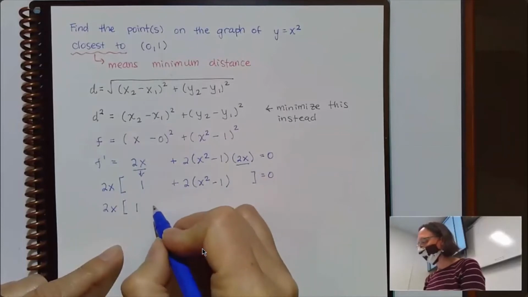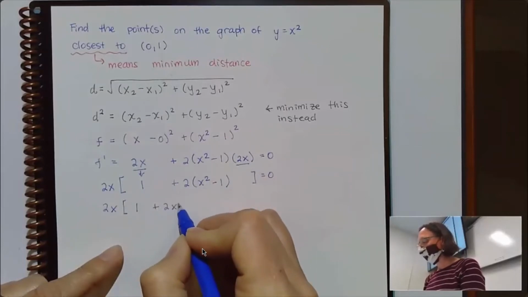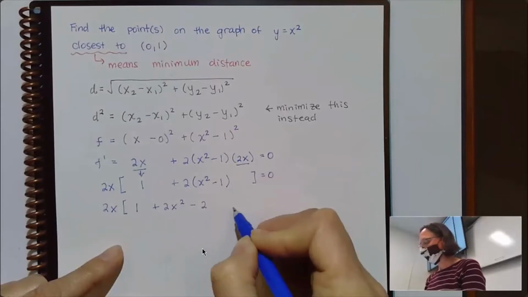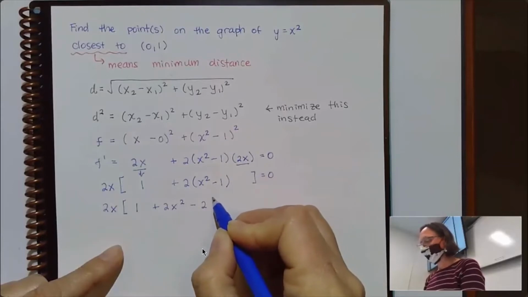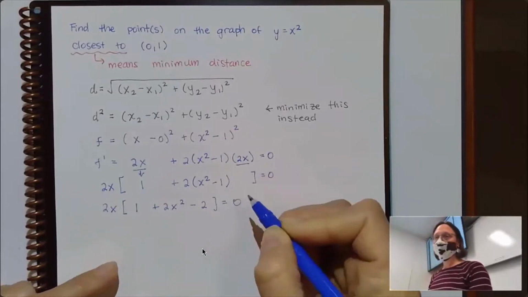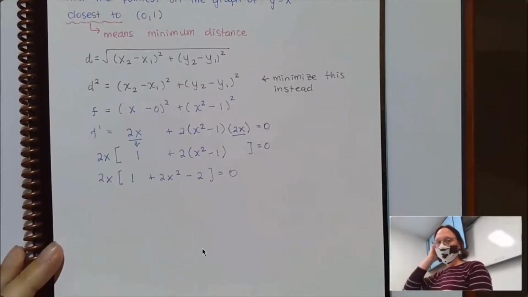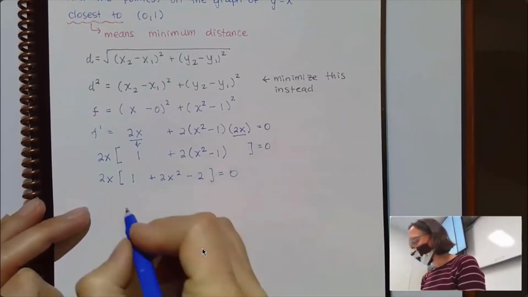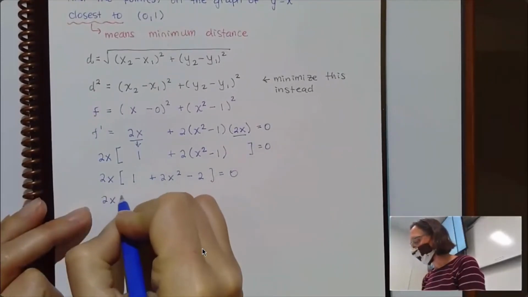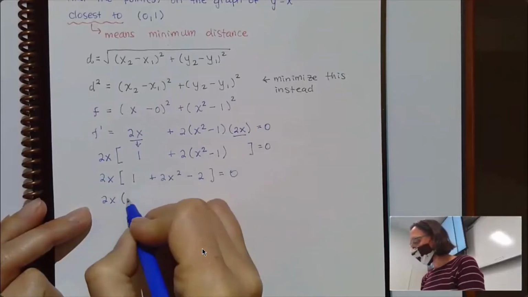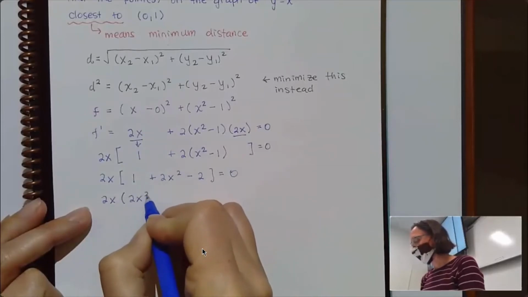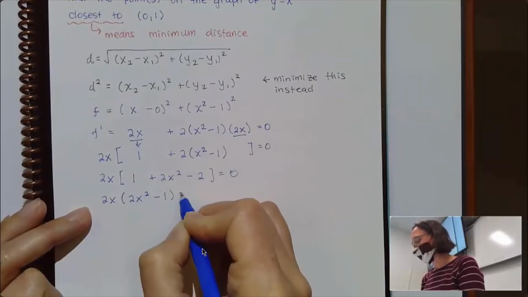So I'd have 1 plus 2x squared minus 2. Or 2x times 2x squared minus 1.